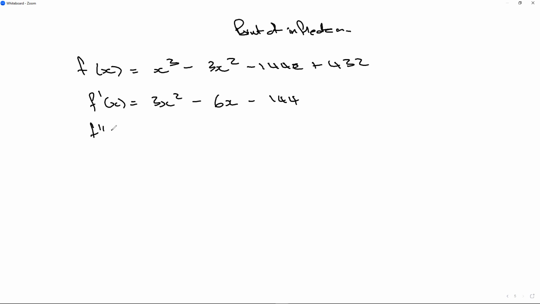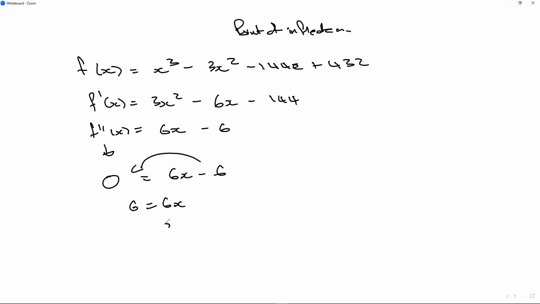If I derive it again, I get 6x minus 6. So if I make this equal to 0, which is the second derivative, I will get x equal to 1.